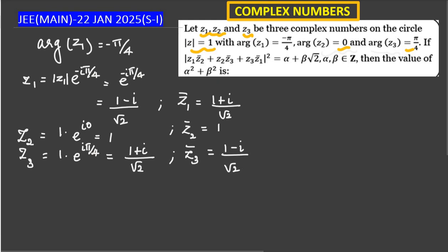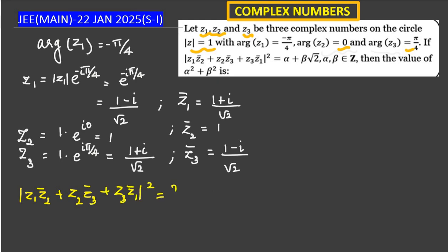Now we are asked to find the value of mod of Z1 Z2 bar plus Z2 Z3 bar plus Z3 Z1 bar, whole squared. Now we find the value for Z1 Z2 bar. Z1 we know is equal to 1 minus iota divided by root 2.